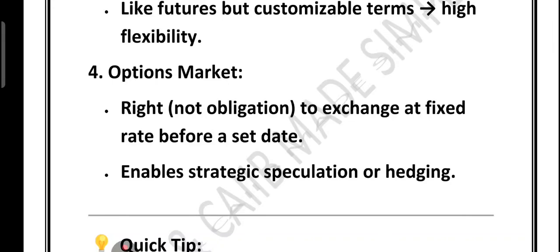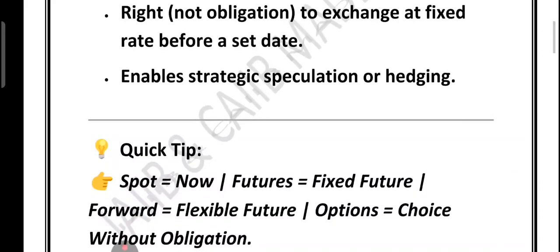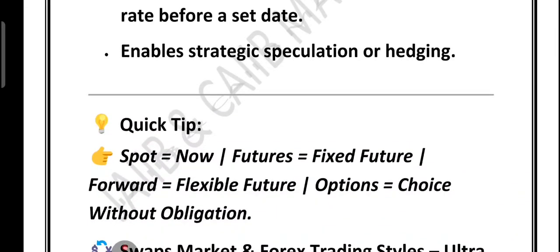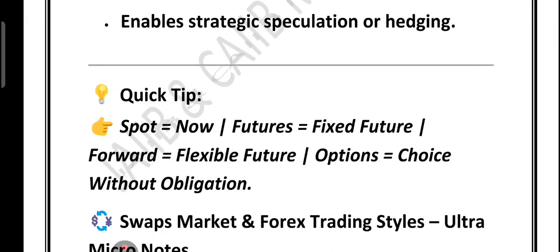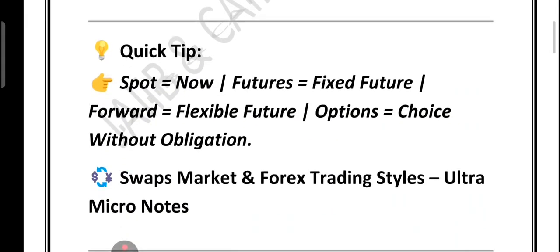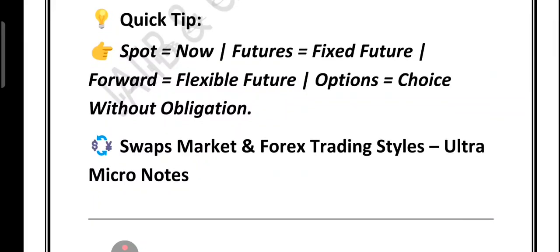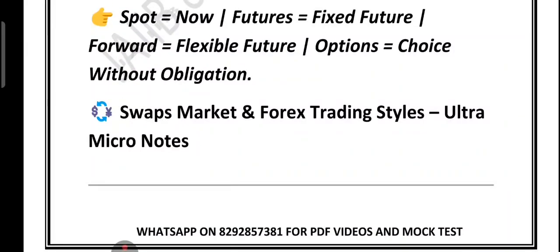Fourth, we have the options market. Whenever you see the word option, please remember this is a right, not an obligation, to exchange at a fixed rate before a set date. It enables strategic speculation or hedging. Just remember these keywords: spot means now, future means fixed future, forward means flexible future, option means choice without obligation. You have a right, but no obligation.